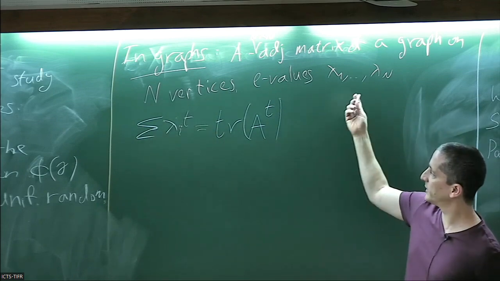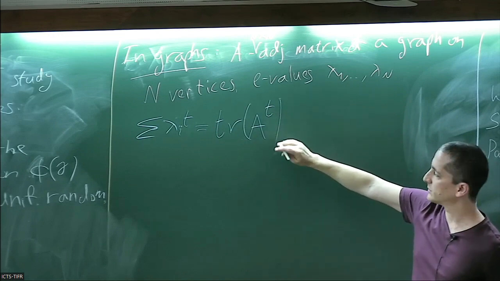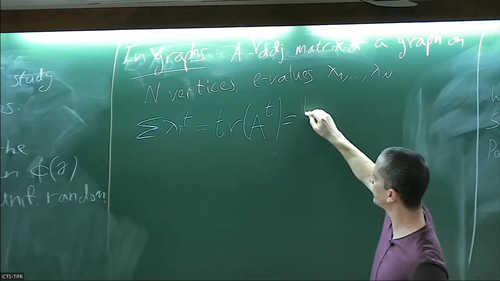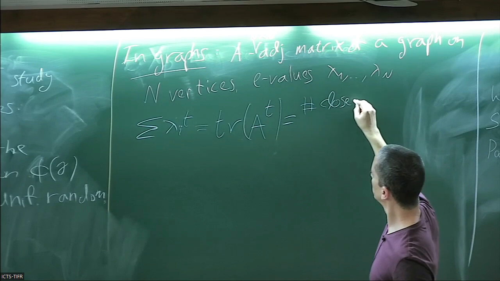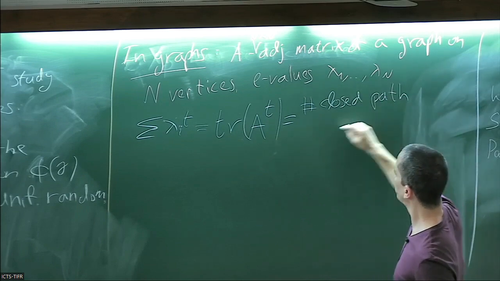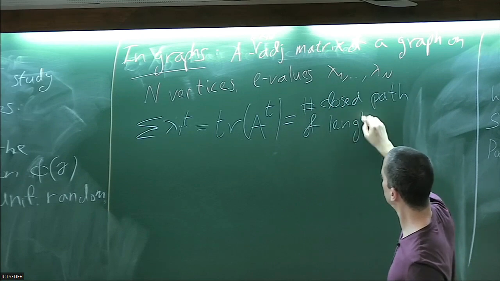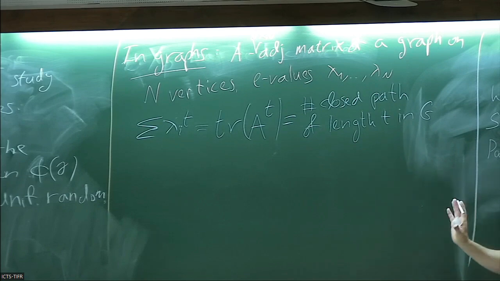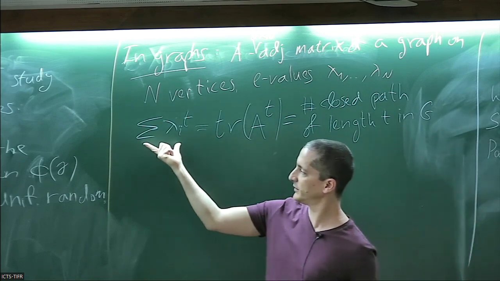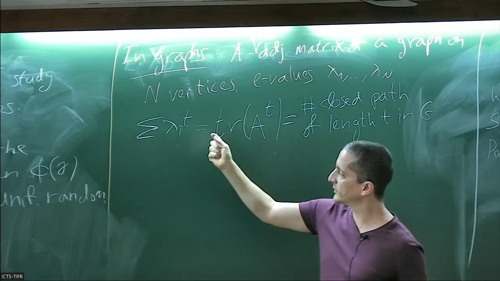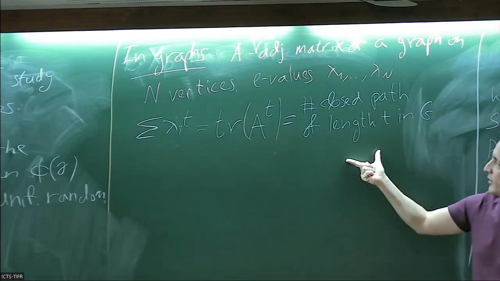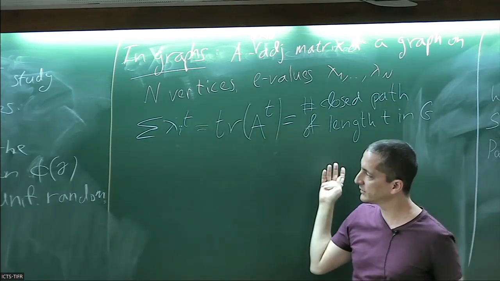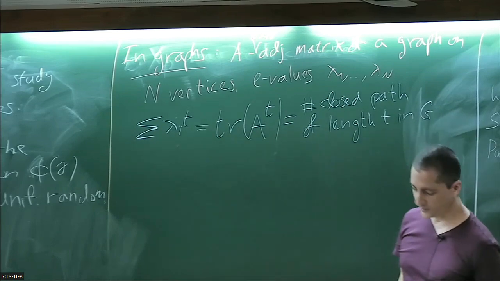On the other hand, since this is an adjacency matrix, the trace of A to the t is exactly the number of closed paths of length t in the graph G. So if you want to understand the eigenvalues, you can count the number of closed paths in the graph for various values of t, and this can teach you a lot about the eigenvalues. So this is for graphs.